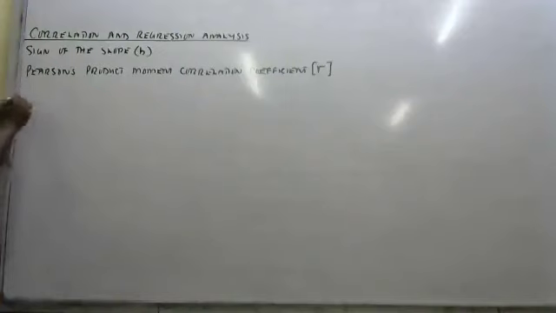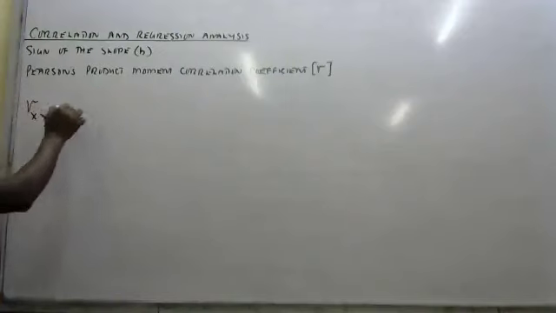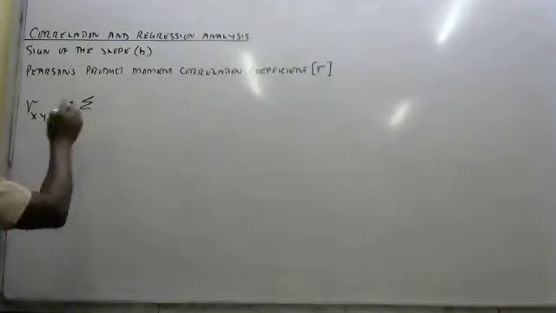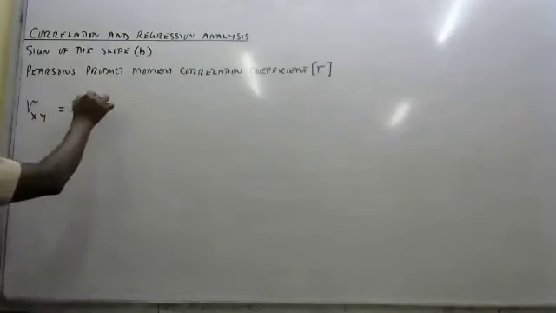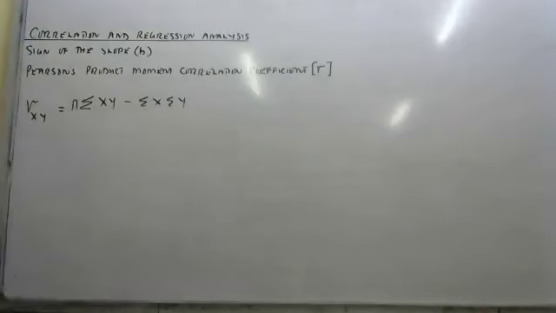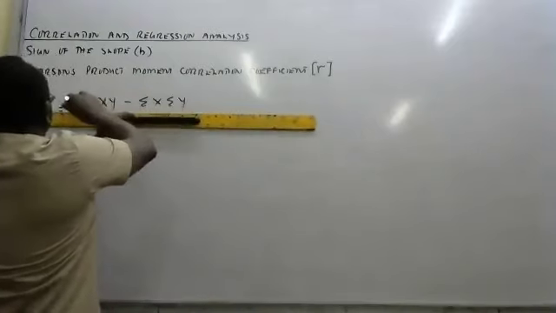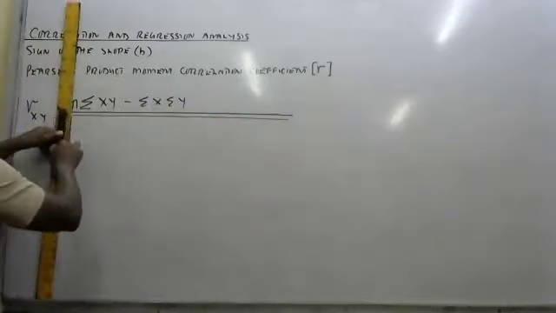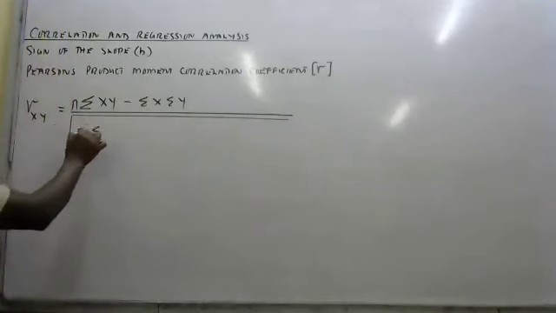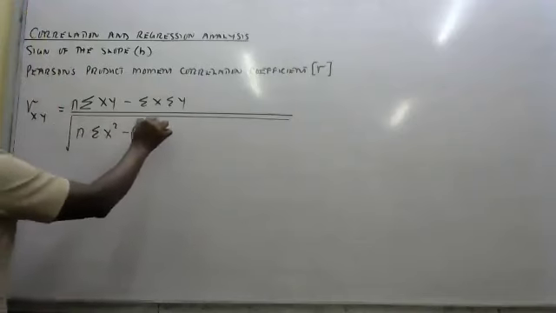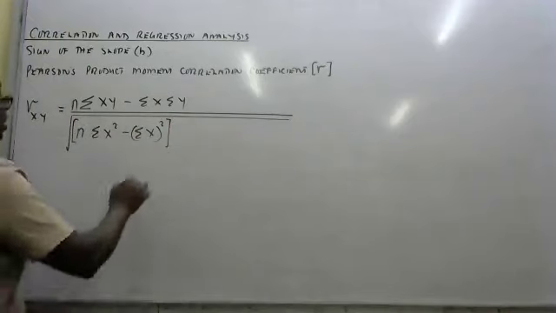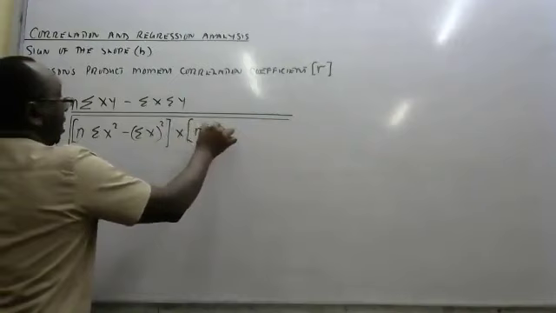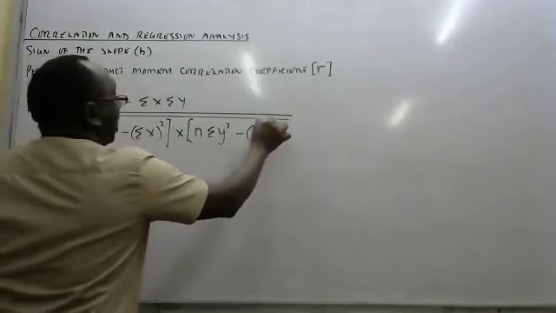R between X and Y is given as n sum of xy minus sum of x times sum of y, divided by the square root of (n sum of x squared minus (sum of x) squared) times (n sum of y squared minus (sum of y) squared).